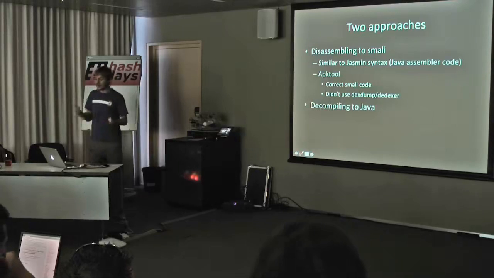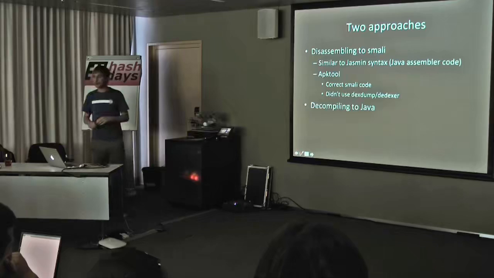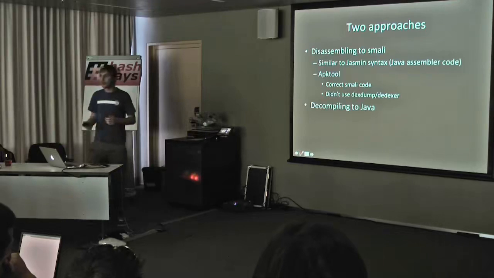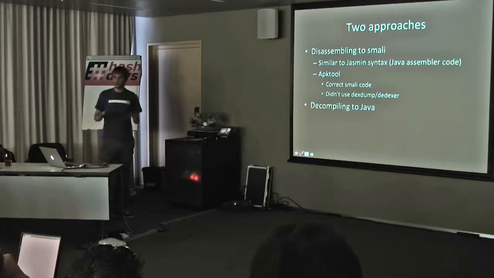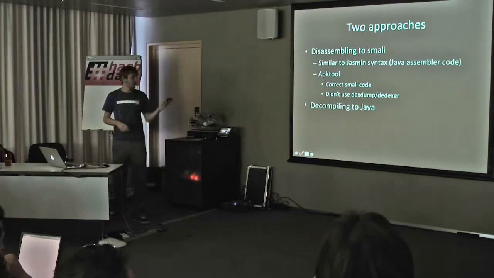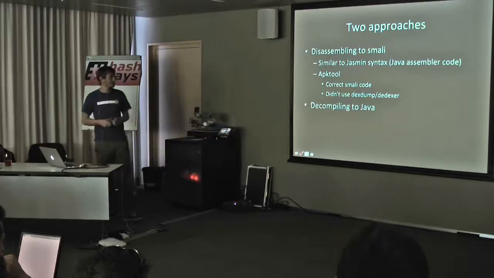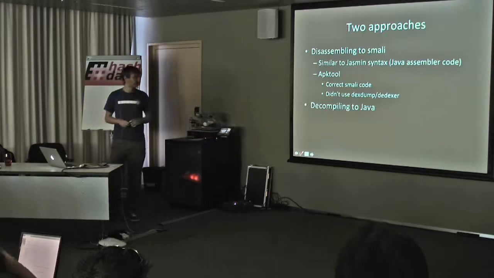I use the APK tool actually just because it produces correct smali code. So you can reuse it, you can recompile it, and it will work. I haven't used dexdump or dex2jar, which basically do the same, but APK tool was reliable enough.